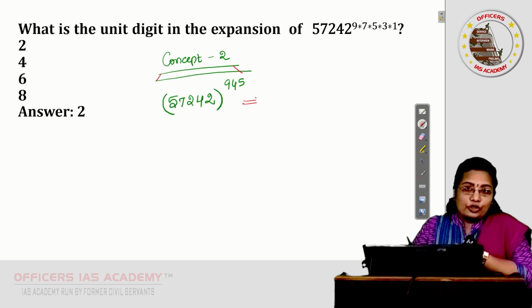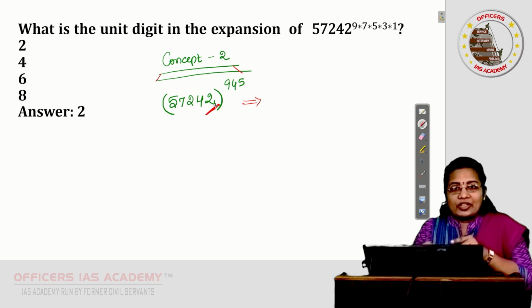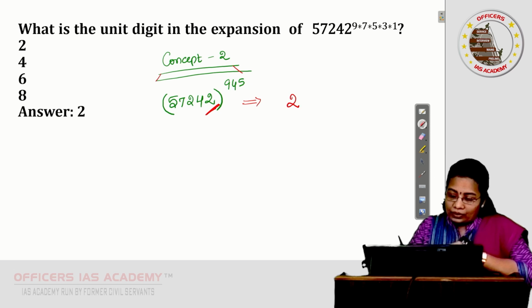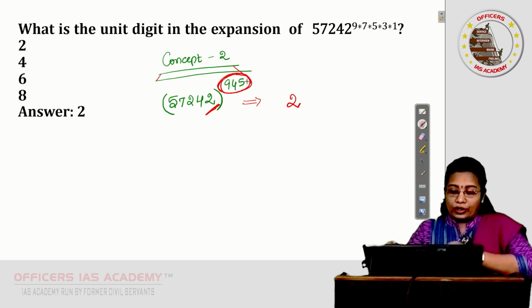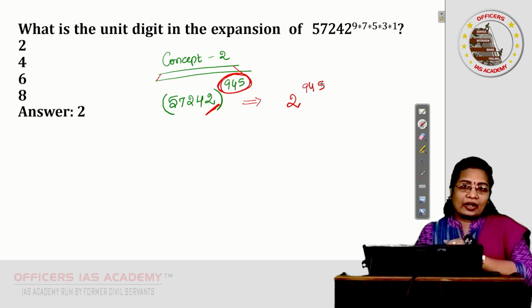Here concept 2 tells us, take the unit digit of the base. What is the base? 57,242. From the base, you just pick up the 2. And the power, the entire value you want to take and write. Why have I simplified like this?